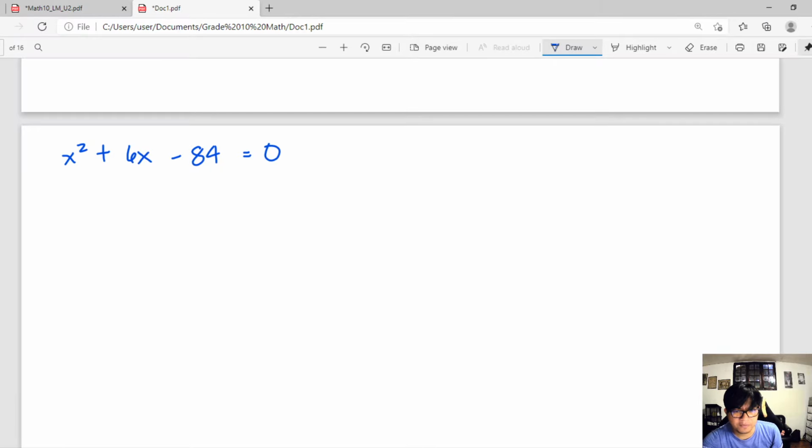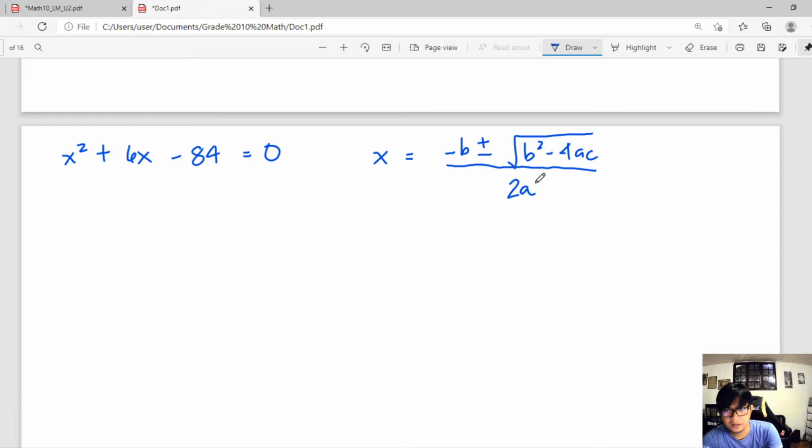The formula is x is equal to negative b plus minus square root of b squared minus 4ac, all over 2a, wherein a, b, c are real numbers. This is our a, b, and c is our 84.